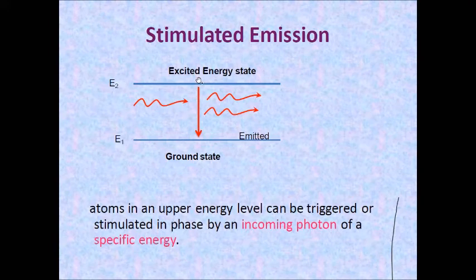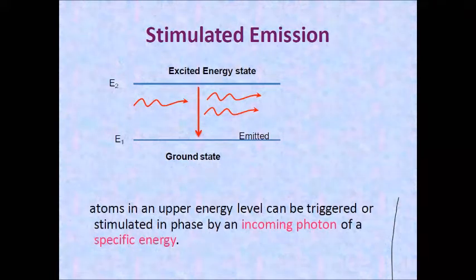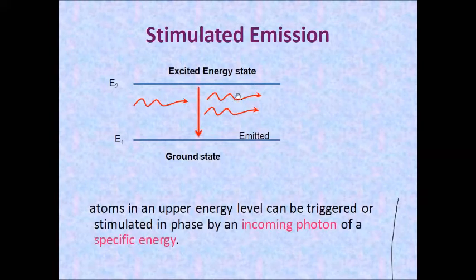What will happen? The atom in the high energy state will jump to the ground state, and it will emit another photon of the same wavelength as the incident photon. So from this incident photon, we will get two photons whose direction will be the same, whose frequency will be the same, or wavelength will be the same.